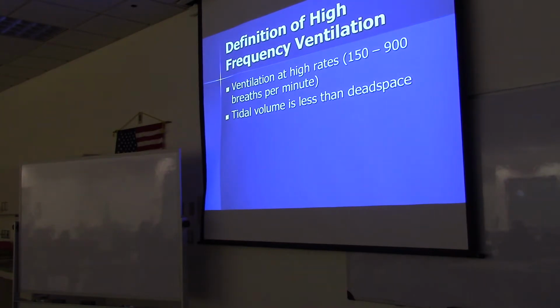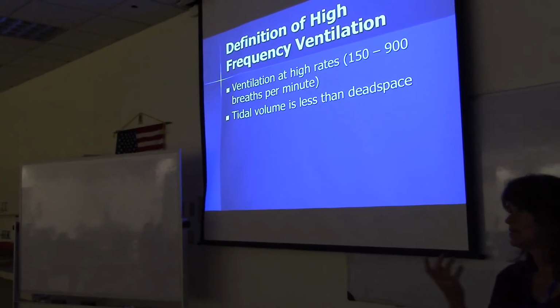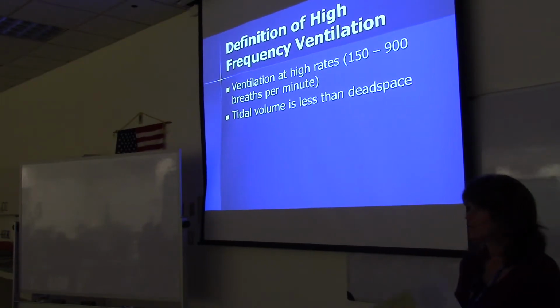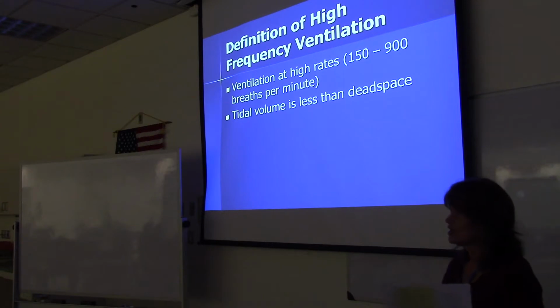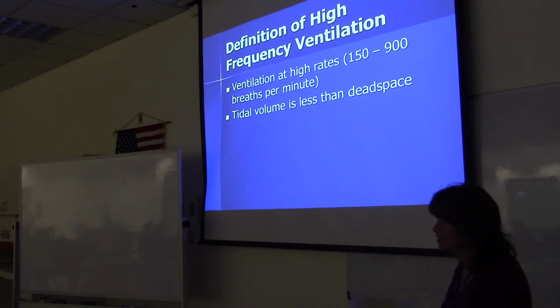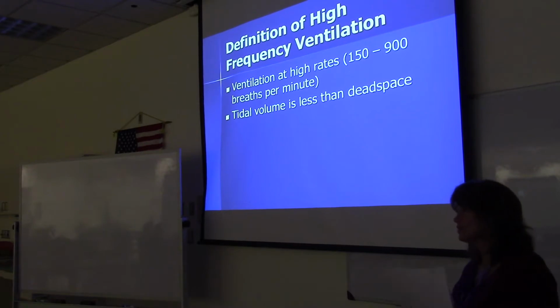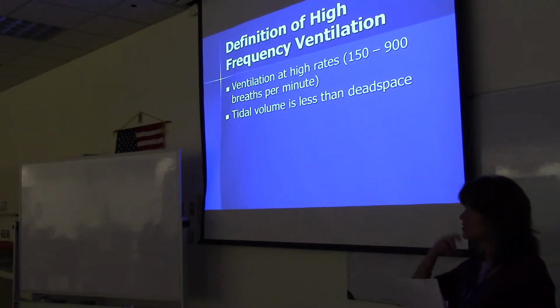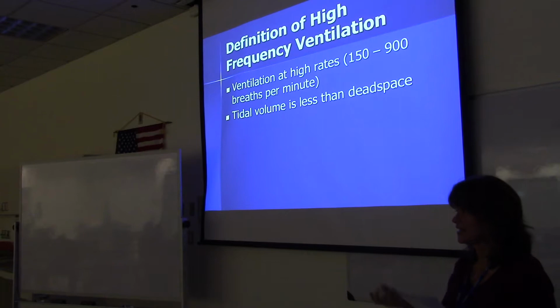We'd say that for tidal volume to be effective, it's got to be greater than our anatomic dead space, because in a typical adult, there's 150 mLs of air just sitting in our conducting airways that don't even partake in gas exchange. And then 150 mLs are actually in the alveoli partaking in gas exchange.